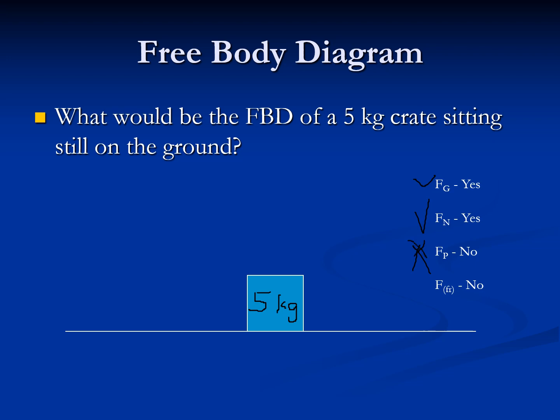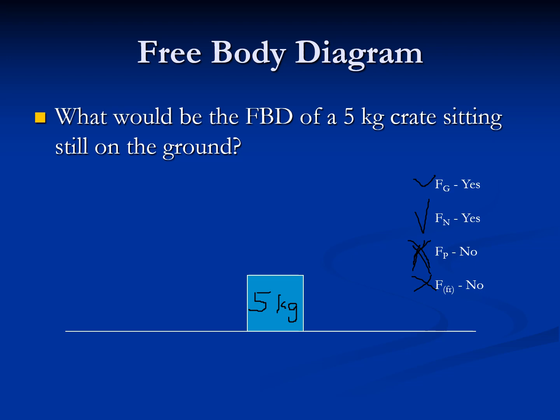There is no applied force. It's supposed to be an X. And lastly, is there friction? Well, is there motion? Well, if there's no motion, there's no force to oppose motion. Friction's odd that way. Friction only appears when you try to move. If you don't move, there's no friction. Go figure. Now, great, so we have 2 of the 4 forces.